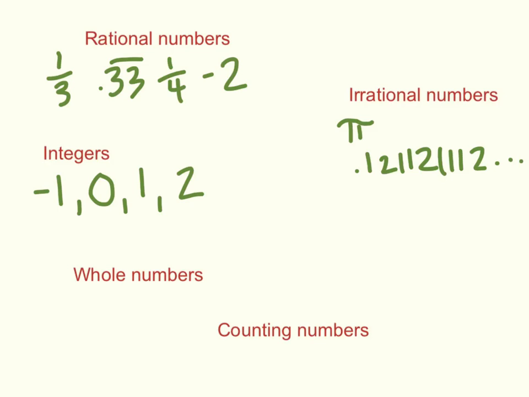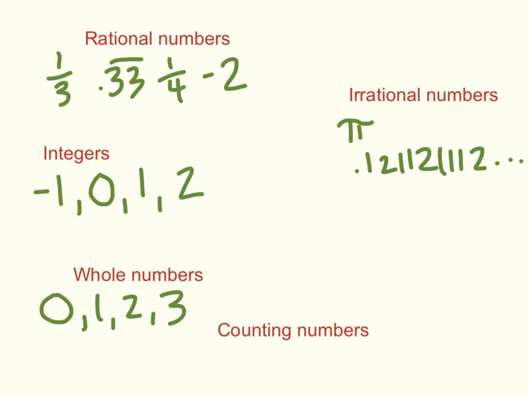So -1, 0, 1, 2, those are all integers. Whole numbers are numbers like 0, 1, 2, 3. Notice we have no negative numbers. They're all positive, and they don't include decimals, don't include fractions at all.